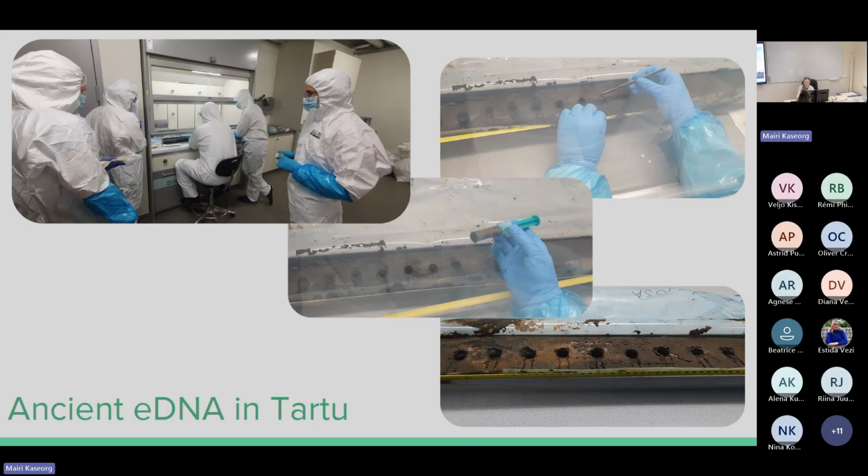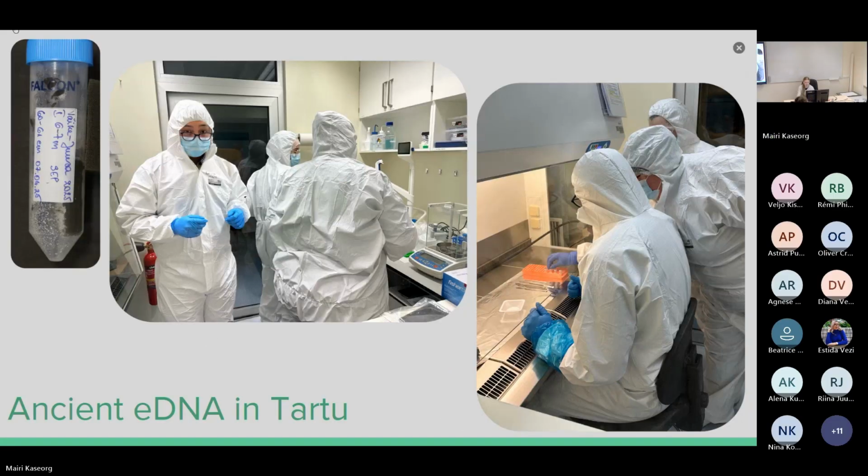We used syringes with the tip cut off, and it's very nice to push the syringe into the core, and then you get a nice clean small core out. In the end, all the cores looked like this with holes in them. And the sediment from the holes went into tubes like this, which went into the freezer.